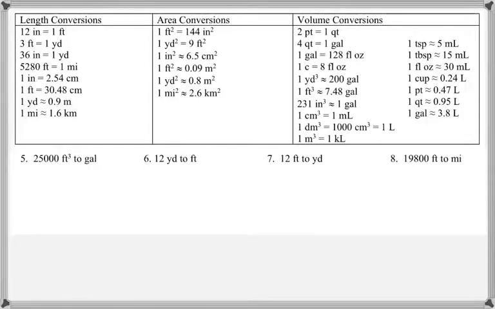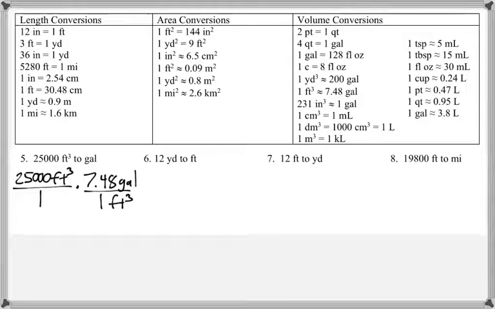On question number 5, I'm converting 25,000 cubic feet to gallons. So that conversion is right here. When I set this up, it's going to be 25,000 cubic feet over 1 times 7.48 gallons over 1 cubic feet.